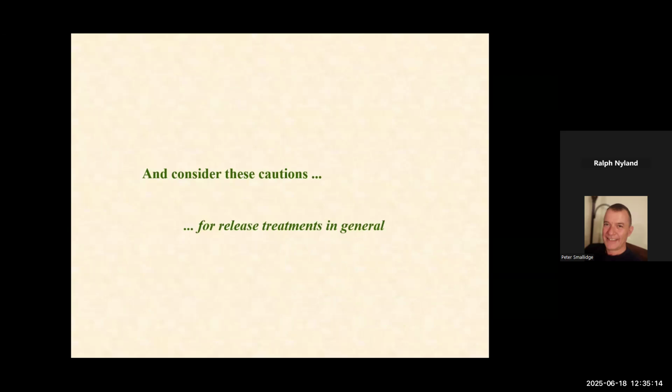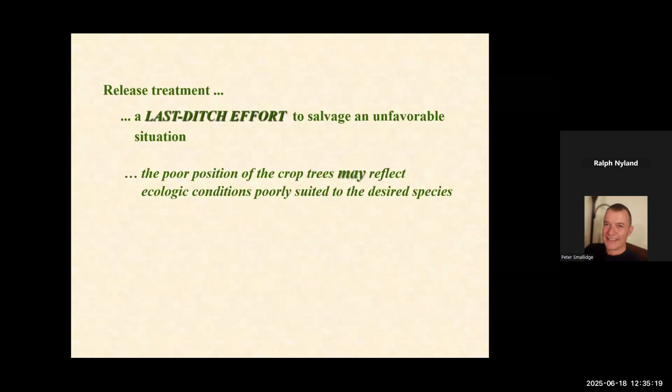And consider these cautions as well, at least for release treatments in general. A release treatment in many ways is a last-ditch effort to salvage an unfavorable situation. And the poor position of the crop trees may reflect ecologic conditions poorly suited to the growth and development of the desired species.